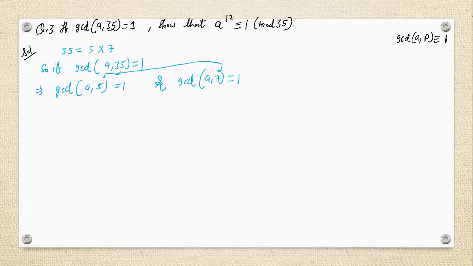Now if GCD of a comma 5 is equal to 1, then I can apply Fermat's theorem. Here you can apply Fermat's theorem. That is a to the power 5 minus 1 will be congruent to 1 mod 5.